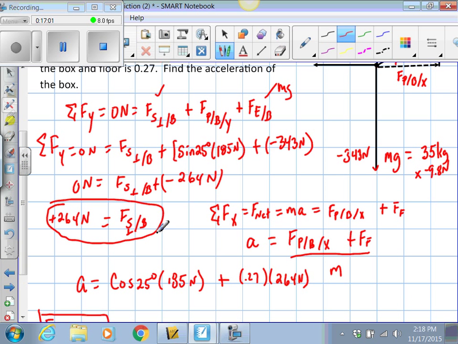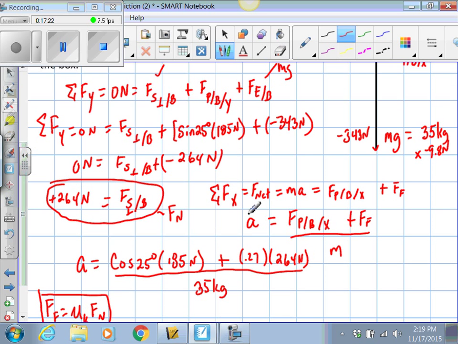So this is our normal force, okay? And then that's all over the mass, which was, what was the mass again? 35? Okay. So again, what this value is right here is mu times the normal force.